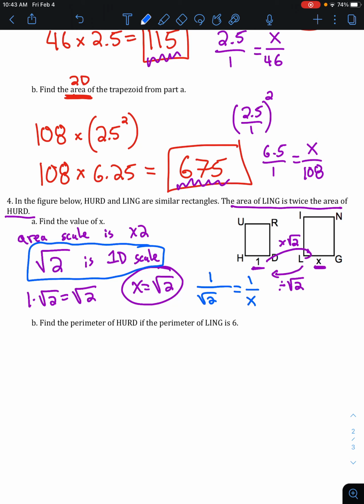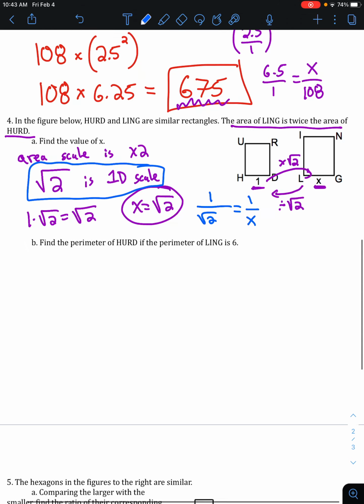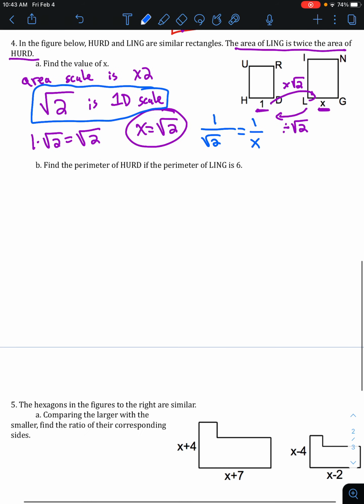And then we are able to solve this proportion where we know that x must equal root 2. Key detail here is area is the square of the side length scale factor. We need to take the square root to go the other direction.